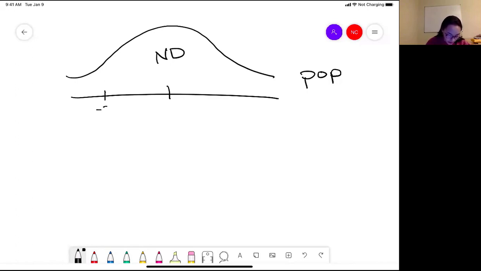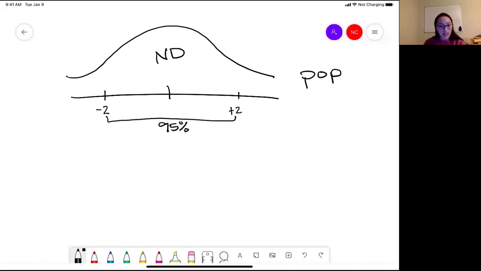Who remembers what percentage of data lies between plus and minus 2 standard deviations? 95. You guys are so smart. 95% of our data lies between plus and minus 2 standard deviations.